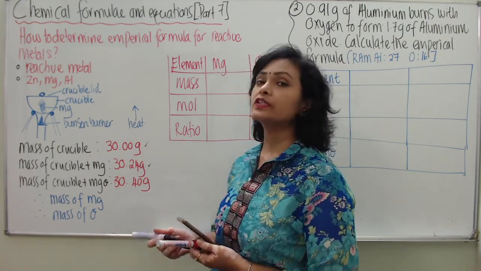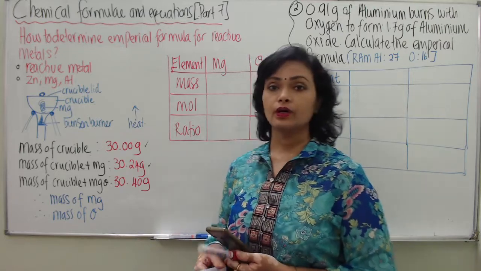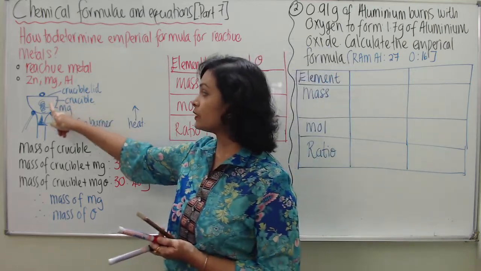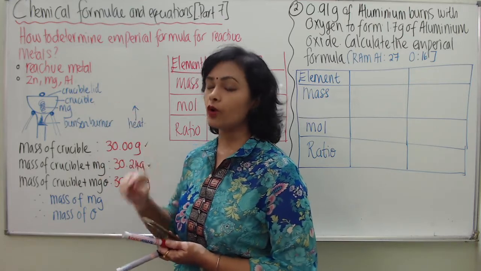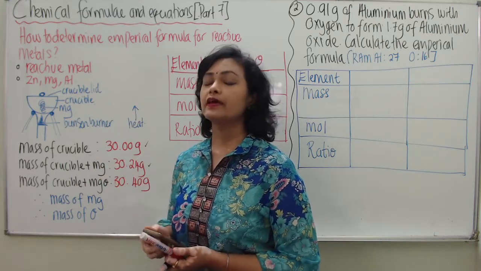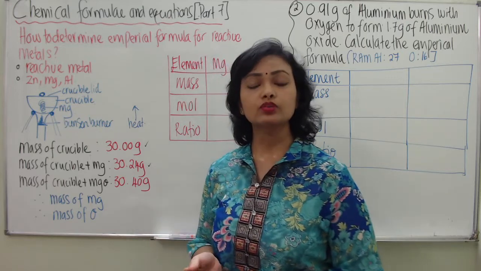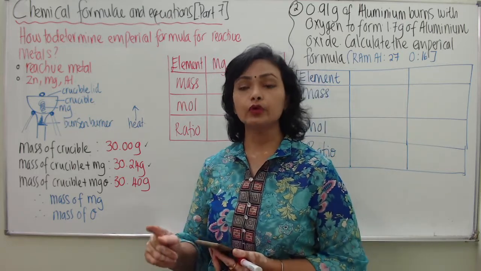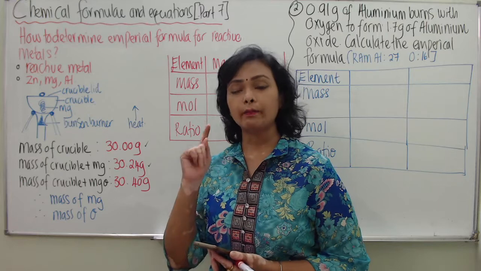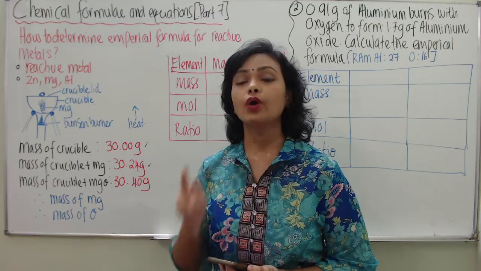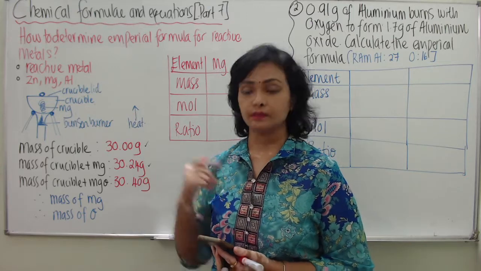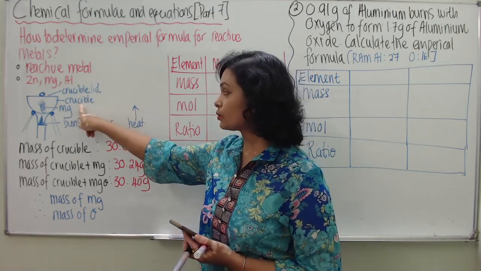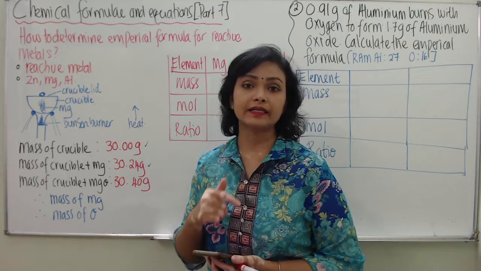Now students have to heat up this apparatus, crucible and magnesium, without closing the lid for almost 10 to 15 minutes. Then at one particular moment, students can see white fume and the magnesium starts burning. When this happens, students have to close the crucible with the lid immediately.